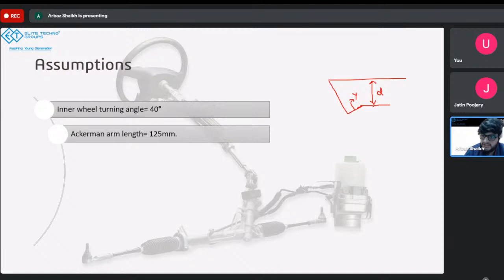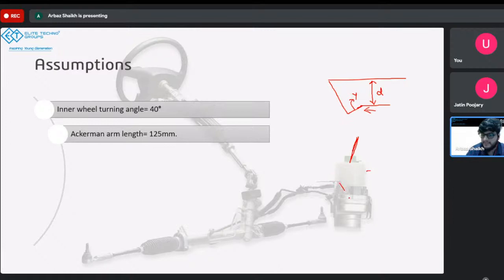And imagine if you push this in this direction, what will happen? This tie rod will tend to become straighter. It won't be pushing the Ackerman arm so much, it will just become straight, okay, if the resistance is too much. So that's why we try to keep it this way.